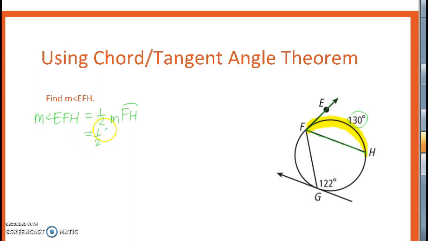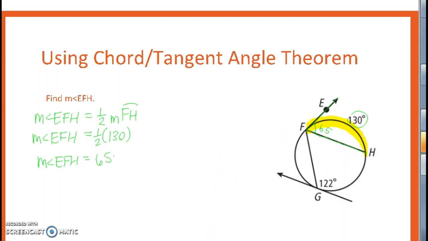So if I take half of that, that will give me the measure of angle EFH. So half of 130, or 130 divided by 2, tells us that angle measures 65 degrees.